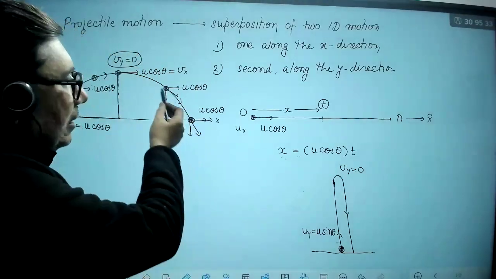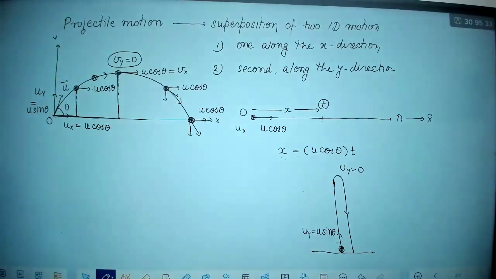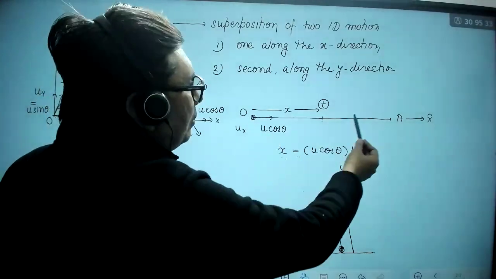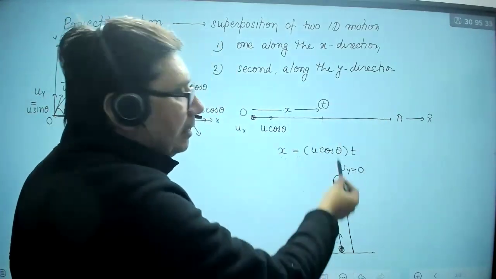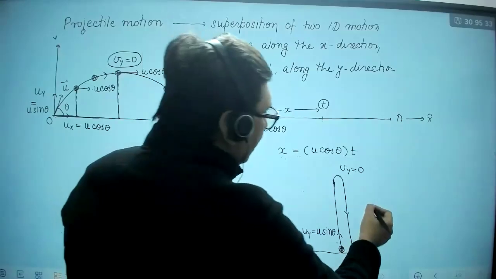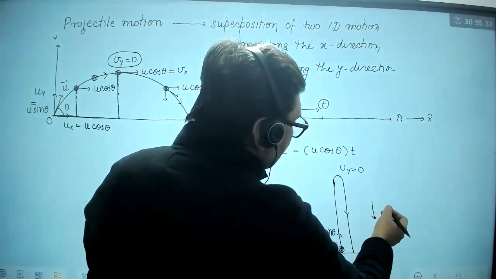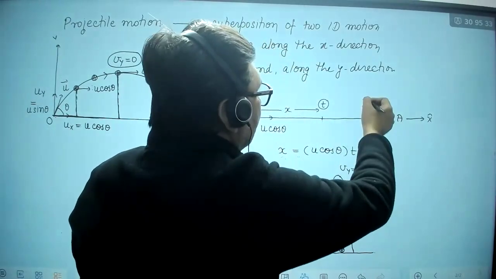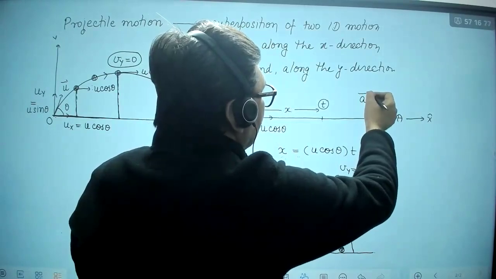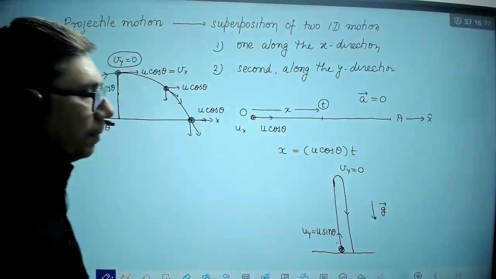Basically, this projectile motion can be considered as the superposition of two different 1D motions, one along the x direction, second along the y direction. Here, this vertical motion is accelerated motion. G is acting in the downward direction here, and here acceleration is 0. You can consider it in this way.